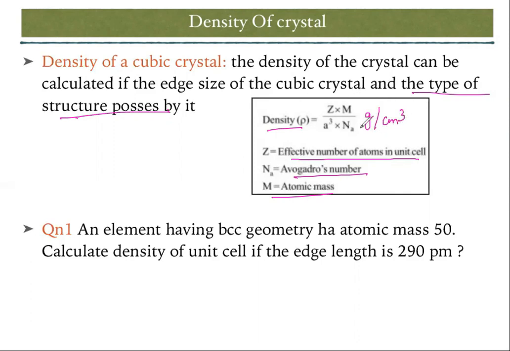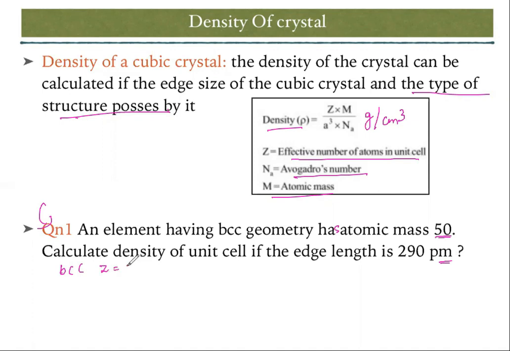Based on this density, let us try to solve one question. An element having BCC geometry has atomic mass 50. Calculate the density of the unit cell if the edge length is 290 picometer. Now let us write all the data. As it is BCC, what is the value of Z?